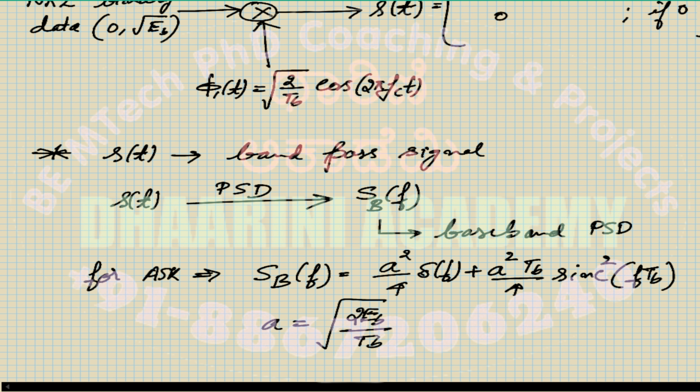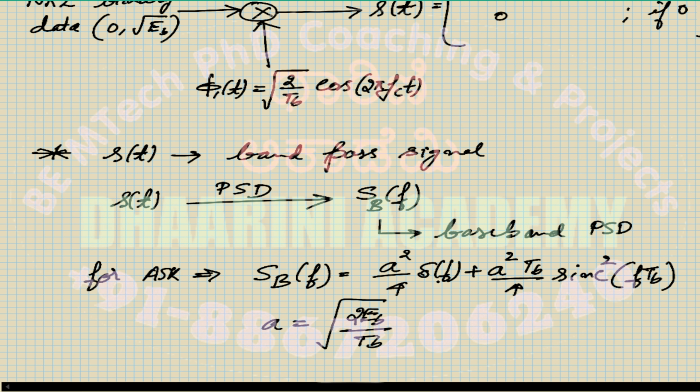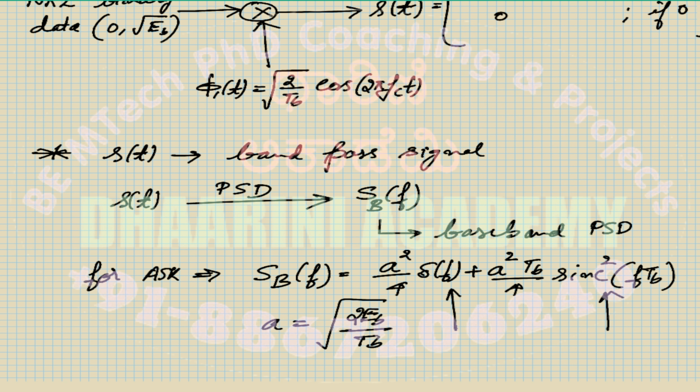Okay, so now we can understand a few points from this equation, right? There is a delta function coming up in the PSD, and also there is a sinc square coming up in the PSD. Can you tell me why? It can be guessed easily, right?